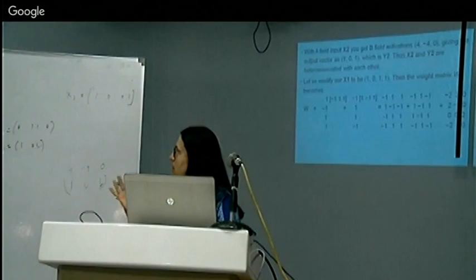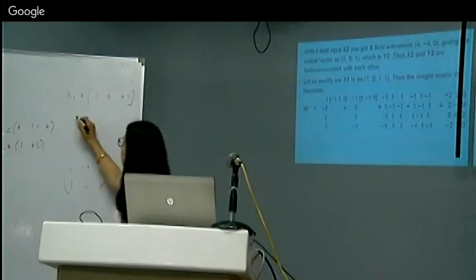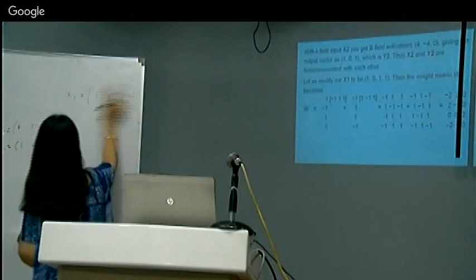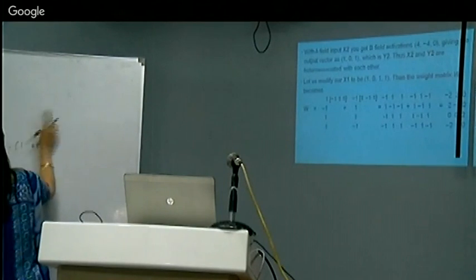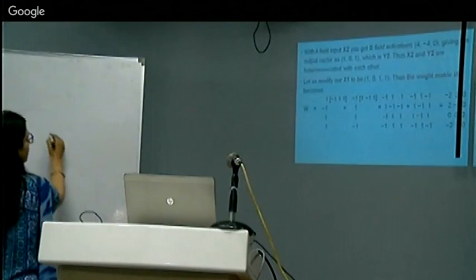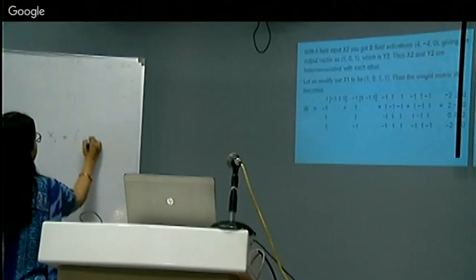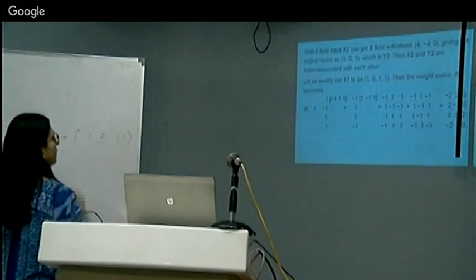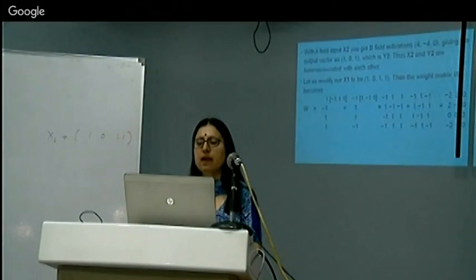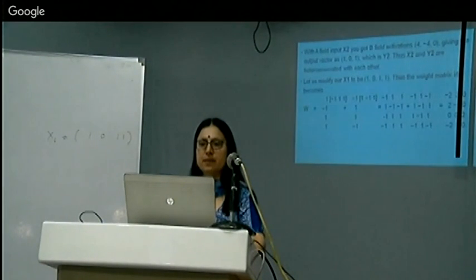Now supposing the input vector is slightly corrupted, say x1 is modified to 1, 0, 1, 1. Then what will happen? If we modify x1, then we have to modify the weight matrix also.